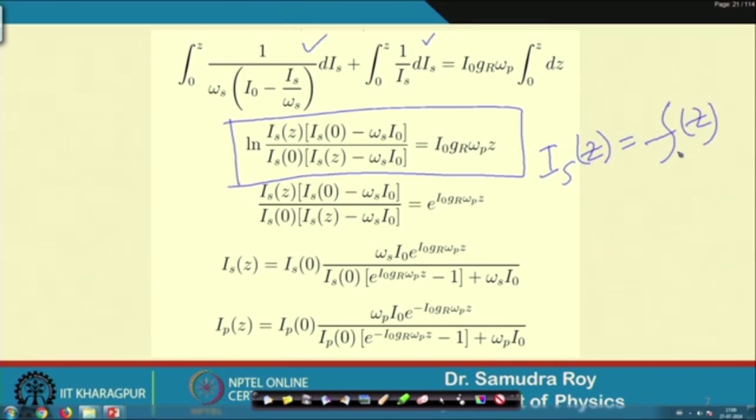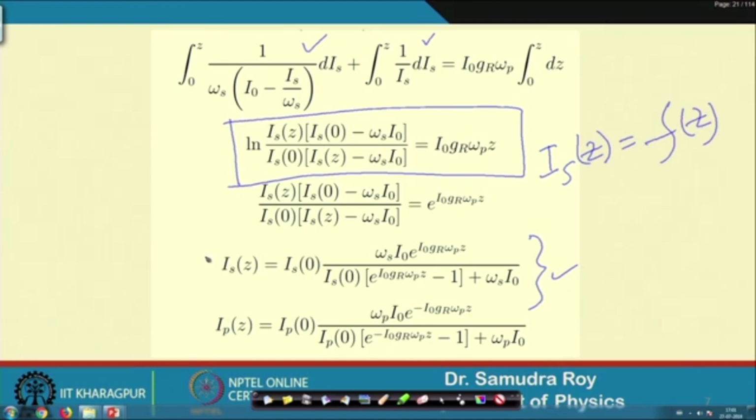So I need to find the evolution of I s of z. I can put I s on one side and the rest of the terms on the other side, which is again not a very big deal. If you do the algebraic calculation in the proper way, I can leave it as a small homework. Just extract I s of z from this equation, and you will land at this expression.